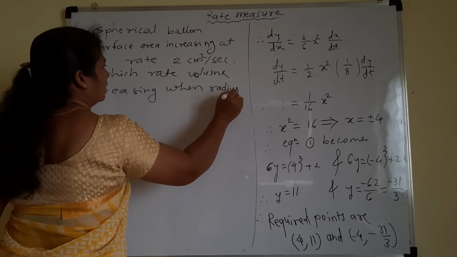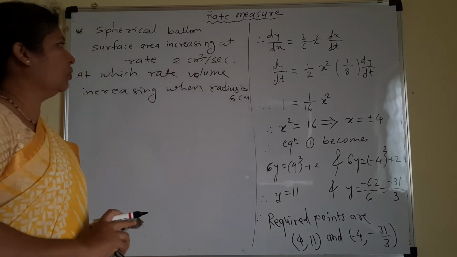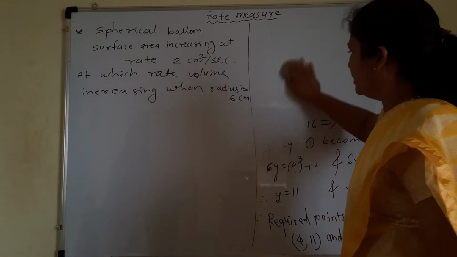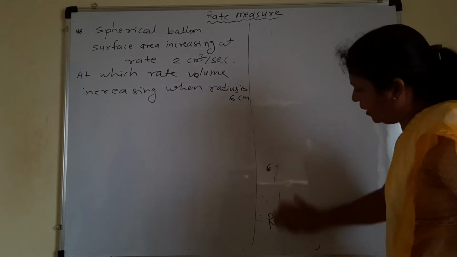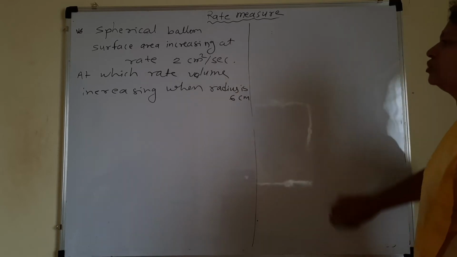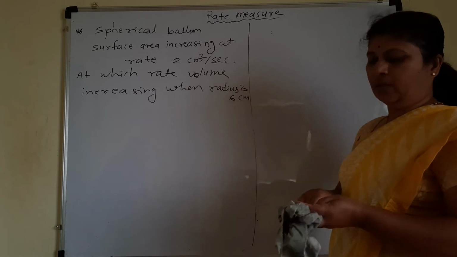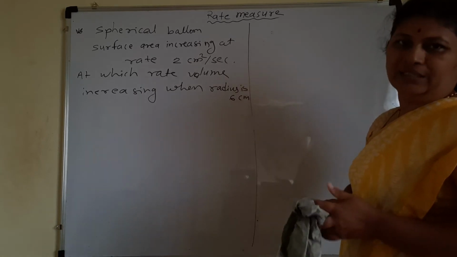Radius is 6 centimeter. Okay, this is the question. Spherical balloon is there. Its surface area is increasing at the rate of 2 centimeters square per second. One more thing is given, that radius of the balloon is 6 centimeter, and when radius is 6 centimeter, we have to find the rate of change of volume of that spherical balloon.